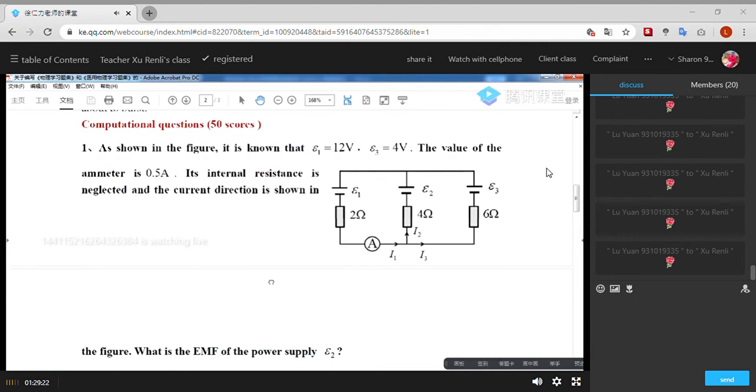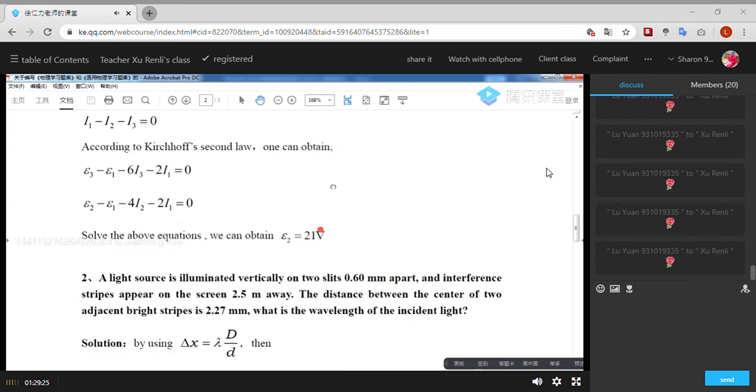So these equations show us how to use Kirchhoff's law.